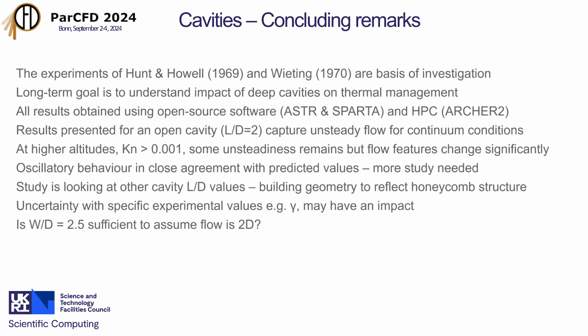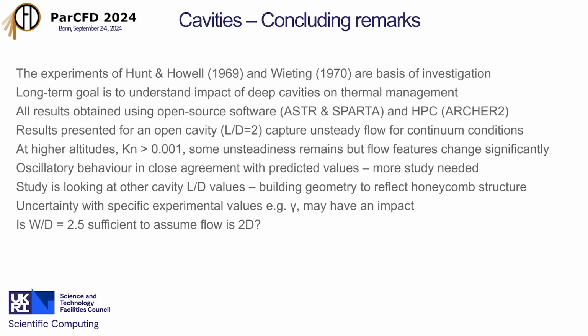So just to conclude, the work was really motivated by the experiments done by Hunt and Howell and followed on by Wheating, which was all based around investigating the theory that was developed by Chapman. The long-term goal from this is just to understand the impact of the deep cavities on thermal management, and we're slowly building up to that.